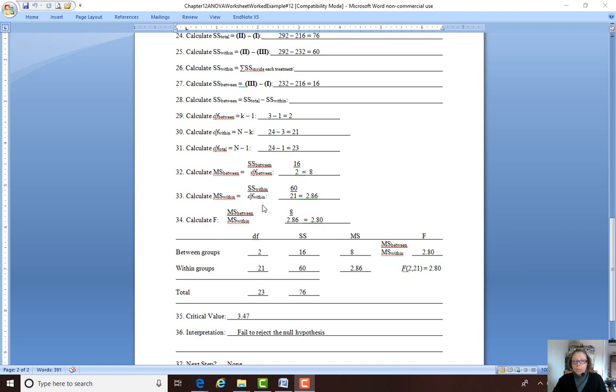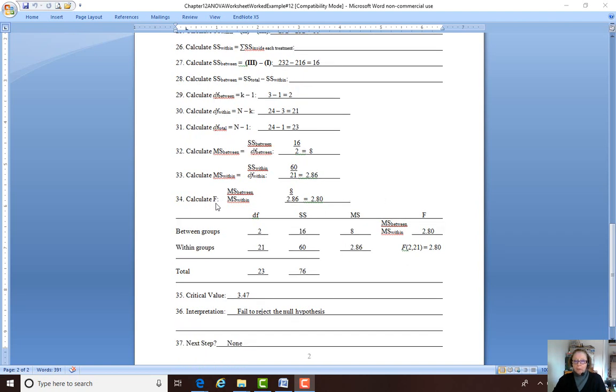And then SS within of 60 divided by DF within of 21 gives us our 2.86. And then our final step to calculate our F-test, our ANOVA, is MS between divided by MS within, that is our 8 divided by our 2.86, and that is where our F value of 2.80 comes from.